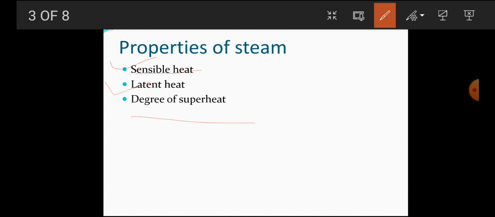This is expressed in terms of degree of superheat, which is the difference between the superheated steam temperature, T sup, minus the saturation temperature, T sat, that is the boiling point. These are the main definitions we need to understand for steam.